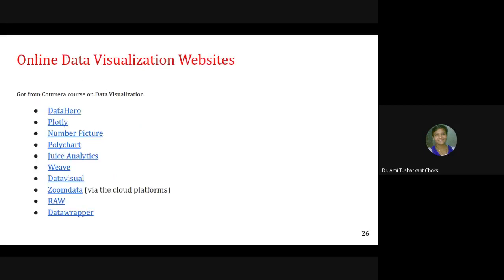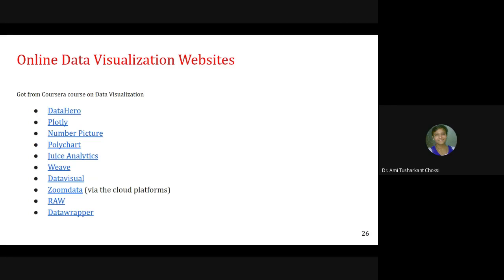Online data visualization websites. So, what are they? This I got from the Coursera course on data visualization. So, you people can also register for the same, enroll for the same, and you can do that, right?